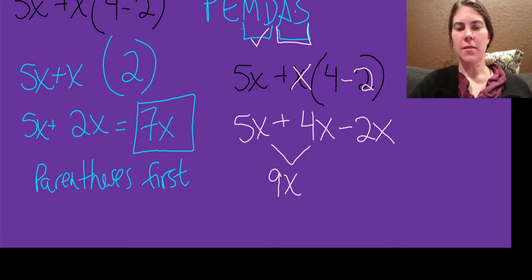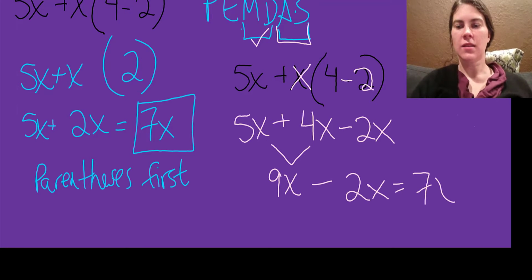Now, subtracting, I'm going left to right. If the subtracting had been on the left, I would have subtracted first. But the adding was on the left. That's why I added first. 9x minus 2x is 7x.